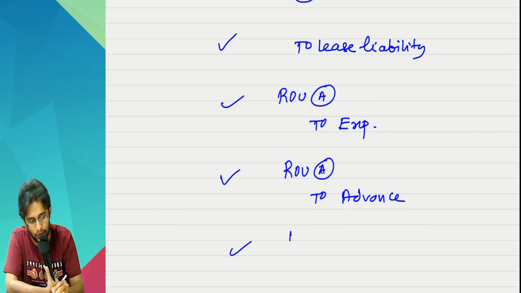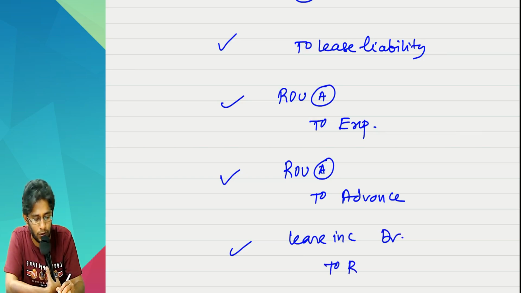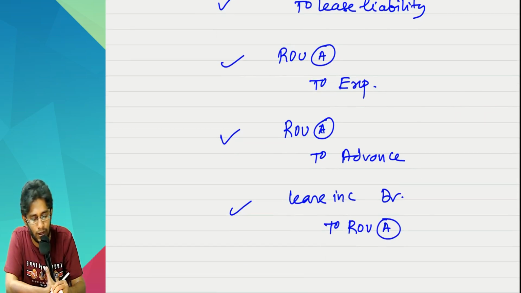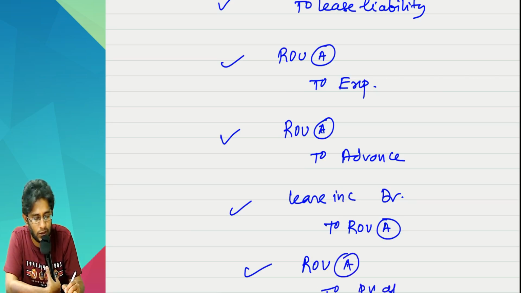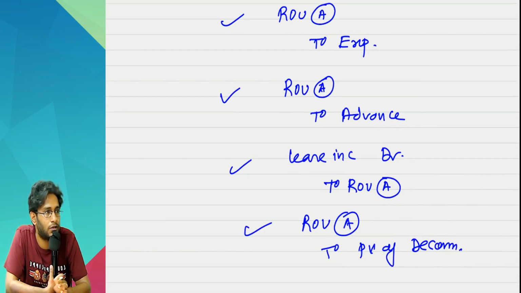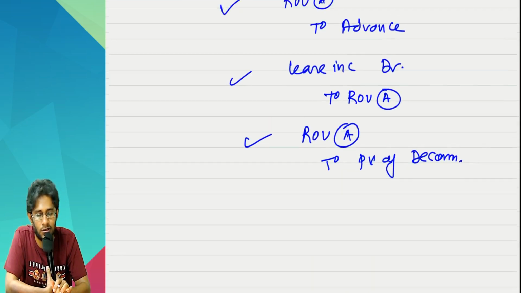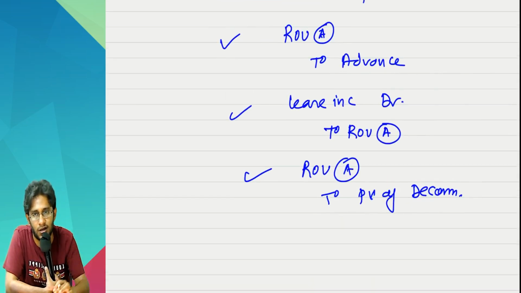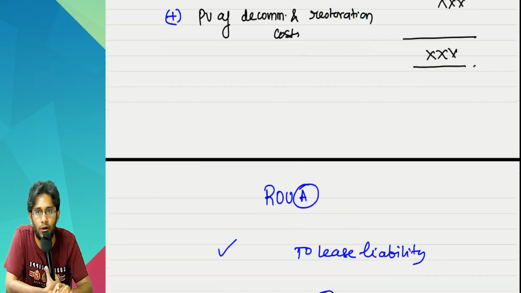You may have to write lease incentive received account debit to ROU asset. You may have to write ROU asset account debit to present value of decommissioning liability. Do you understand, sir? This is the accounting effect of the table. With these entries, this effect will come. I hope you are able to understand what I am trying to say.